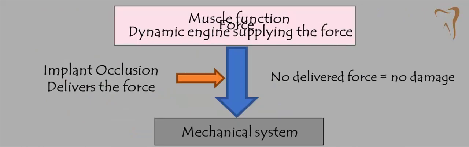If we go to this just simple mechanical equation, a vertical equation, we have a mechanical system on one side, and it's being acted upon by forces on this mechanical system. And we know that if there's no directed force on the mechanical system, there's no damage to the system. It can just sit there. So where does the force come from? Well, obviously it's muscle function, and it's kind of a dynamic engine that supplies the force.